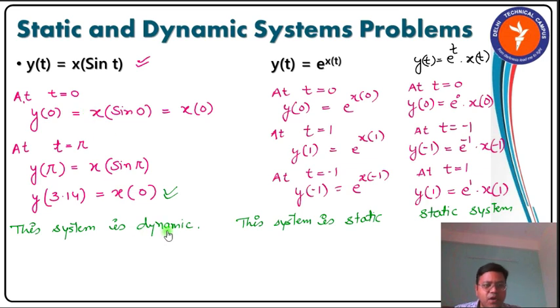But the earlier system comes out to be dynamic because there is scaling of the time due to the sine. Now similarly I can also write y of t equal to x of e raised to power t. You need to comment on whether this particular system will be static or dynamic. We shall discuss it in tutorials.